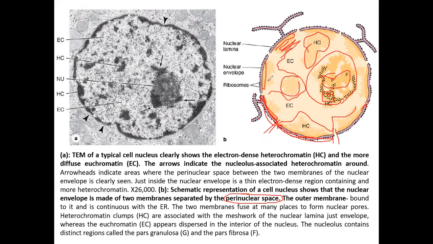We have the heterochromatins, the lighter yellow, attached to the lamina. But in areas where there are nuclear pores, we will not see heterochromatin, because it is clear. It is a pathway for materials coming in and going out of the nucleus.